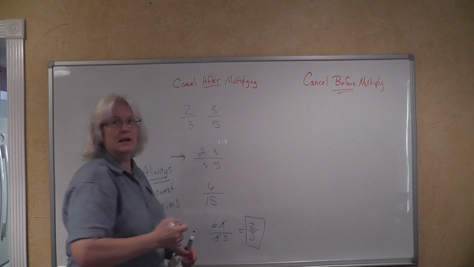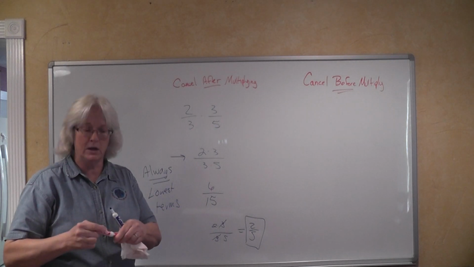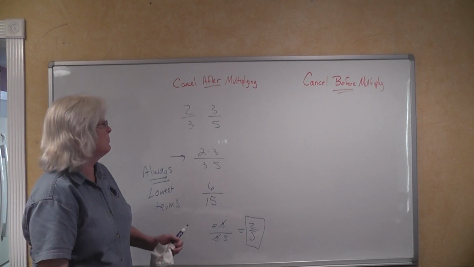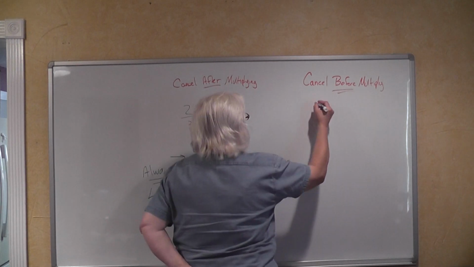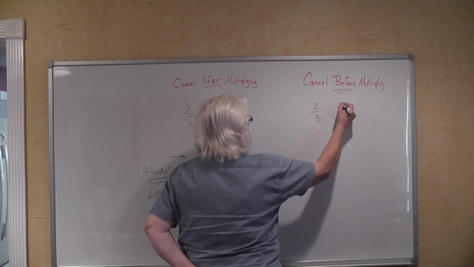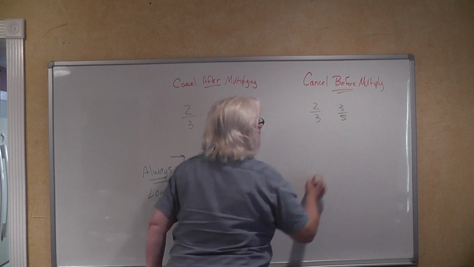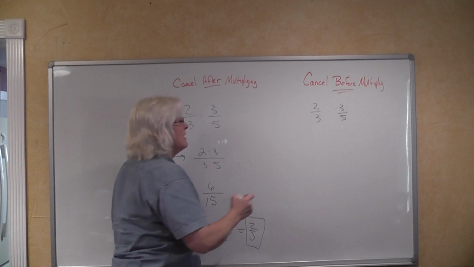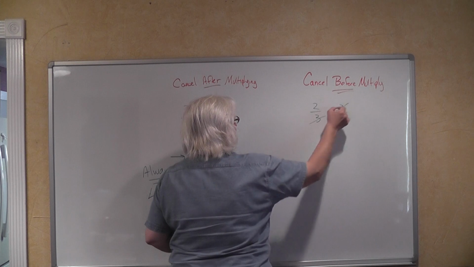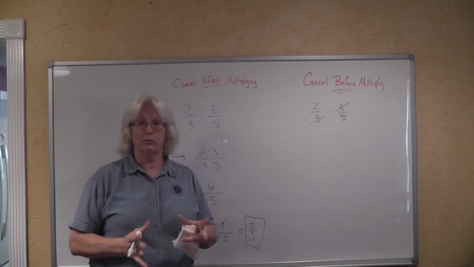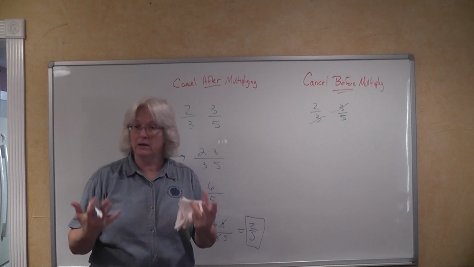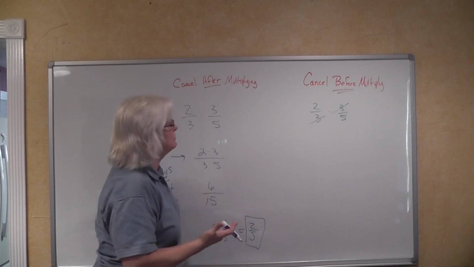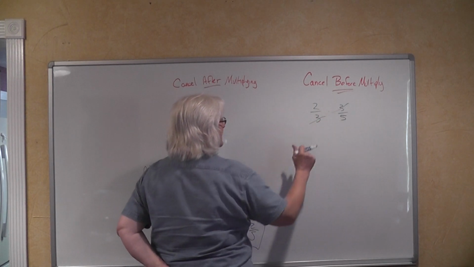Now, let's take the same problem and see if we can cancel before we multiply and what will happen. We have 2/3 times 3/5. I notice that I have a factor of 3 in the denominator and a factor of 3 in the numerator, and I am therefore able to cancel those factors.